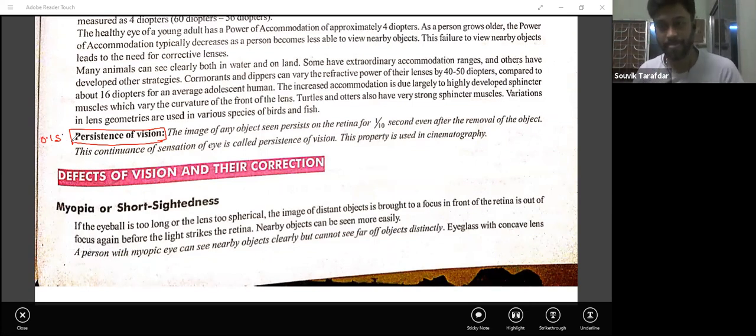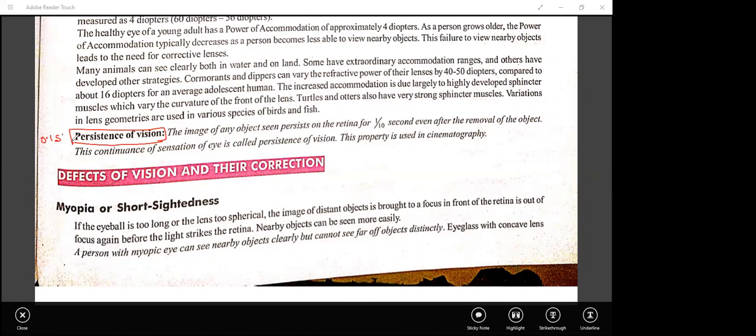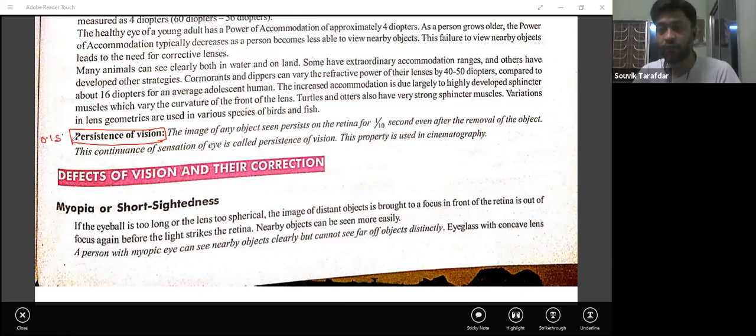Understood or not? Yes, sir. That's it. So this is the meaning of persistence of vision. This is known as persistence of vision. Am I clear, students? Yes, sir. Great.